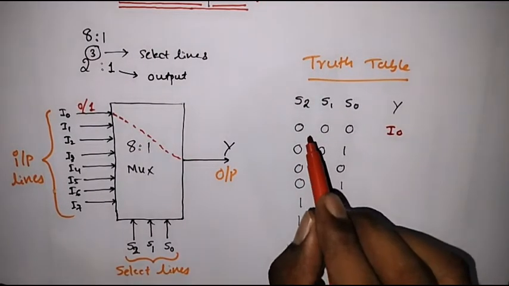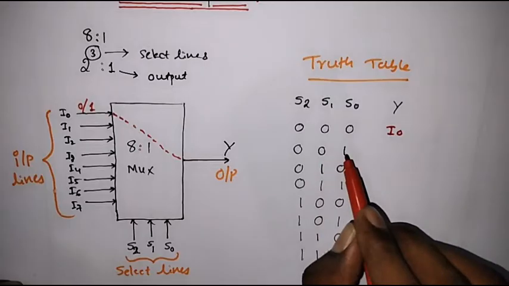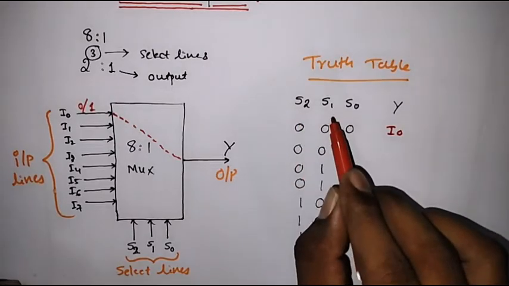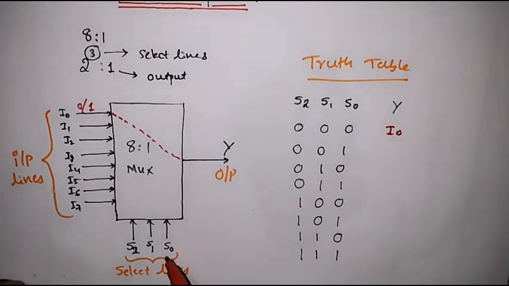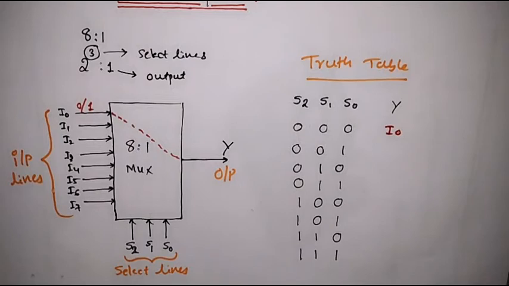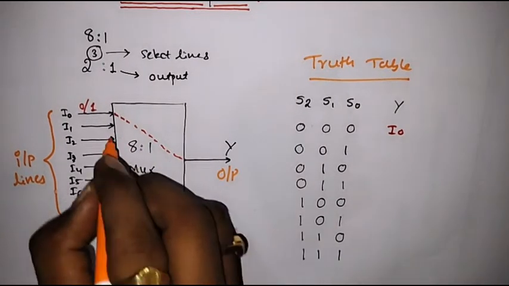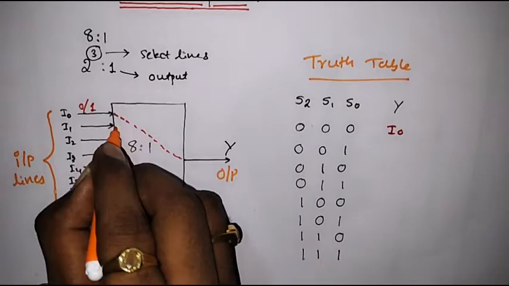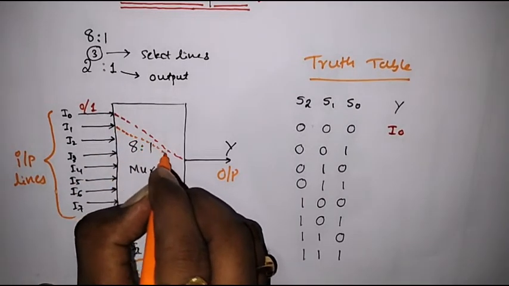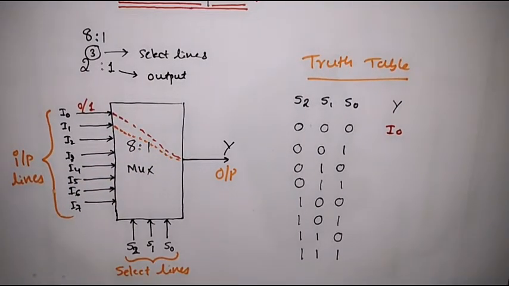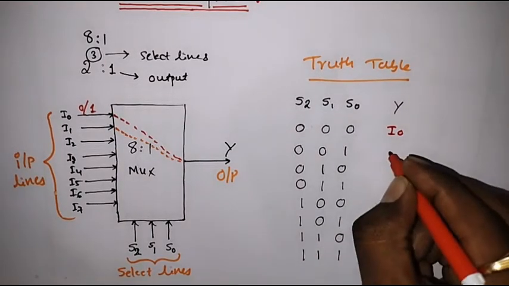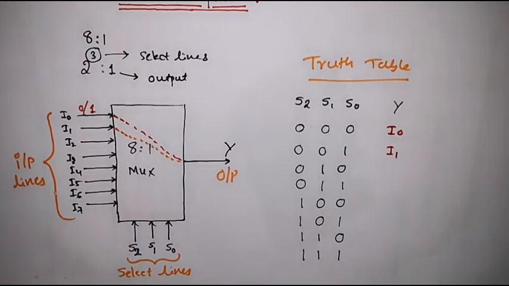Similarly, when the select lines are 0, 0, 1, that is S2 is 0, S1 is 0 and S0 is 1, it will select I1 input and it is connected to output line. Therefore, the output will be I1.